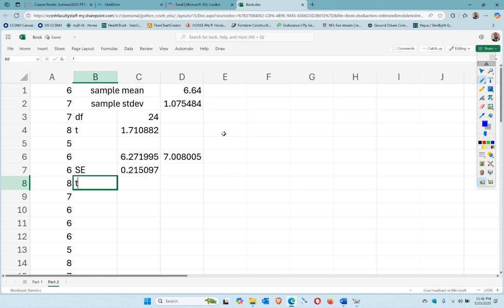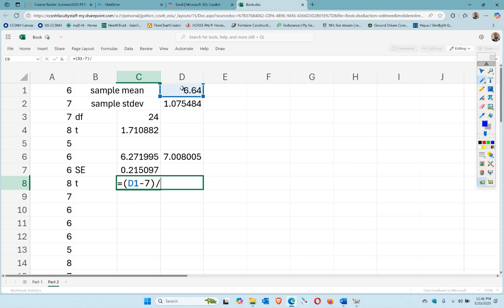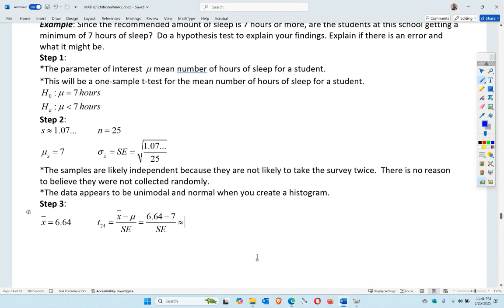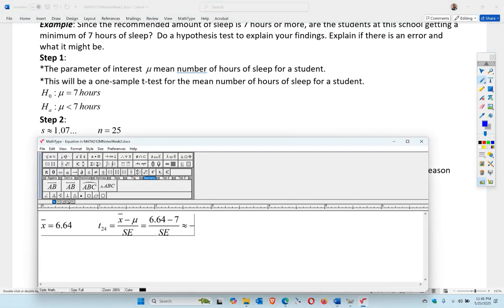Okay, so we need the t-value. All right, so our t-value is going to be our mean minus 7, the hypothesized value, divided by the standard error. Okay, so negative 1.67 dot dot dot. Okay, we're good there.